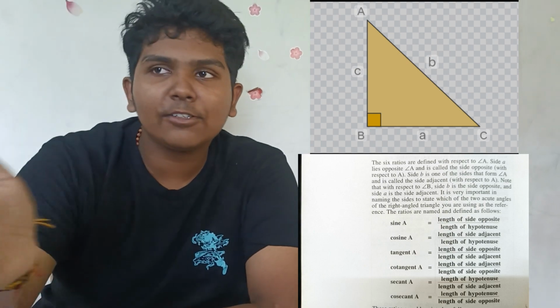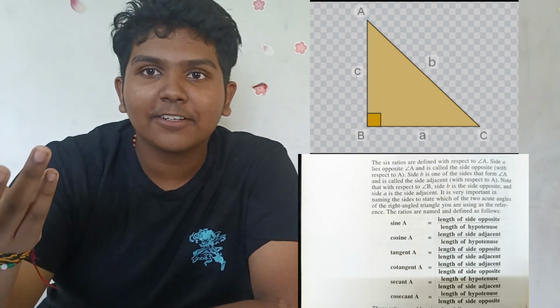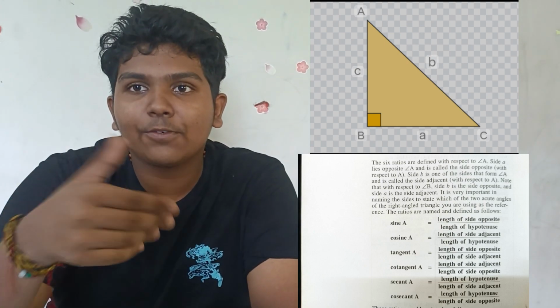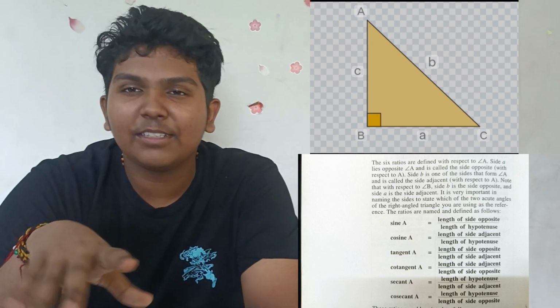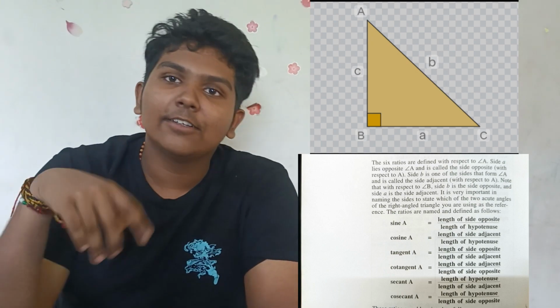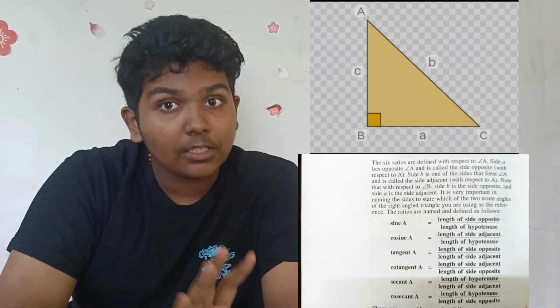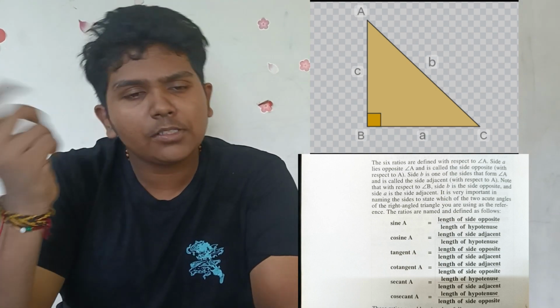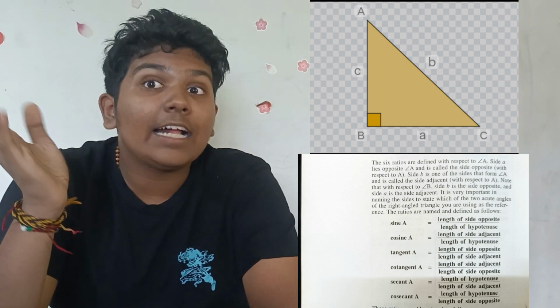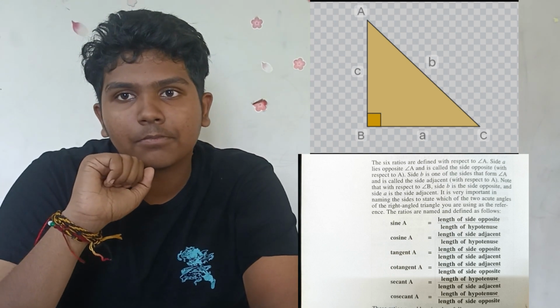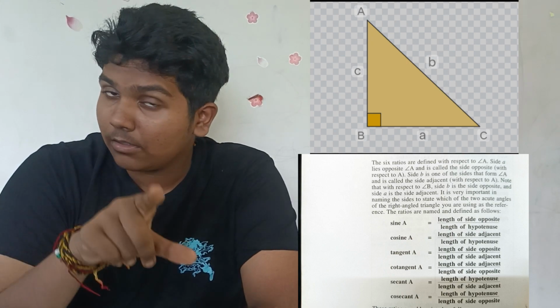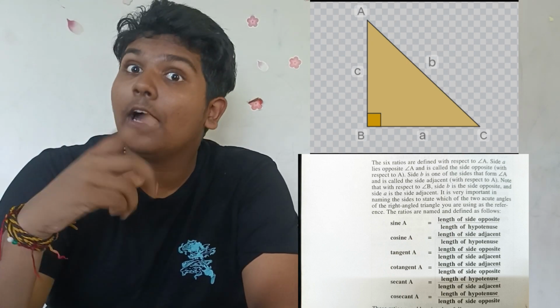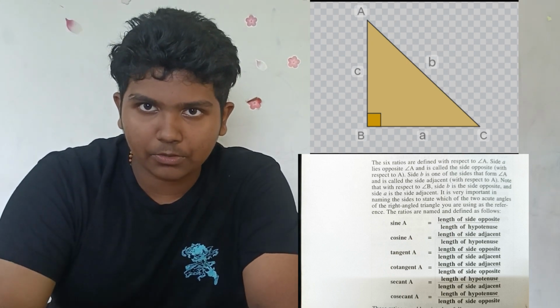In most movies they have a co-actor, so this guy is the co-actor for the sine, so cosine. Easy for you guys. So cosine A is equal to adjacent by hypotenuse.